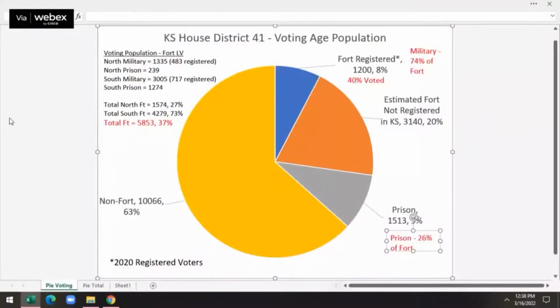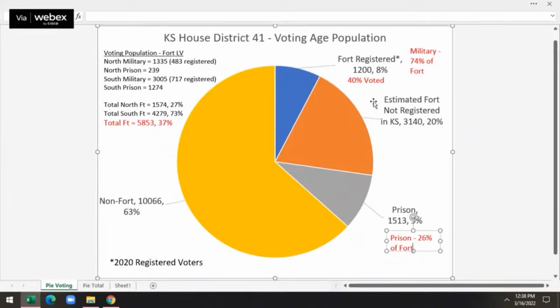I'm going to share a graph here. And so this graph, this pie chart, the three smaller pies represent the fort population. This is voting age population. Those three smaller pieces of the pie are 37% of the total voting age for the total 41.